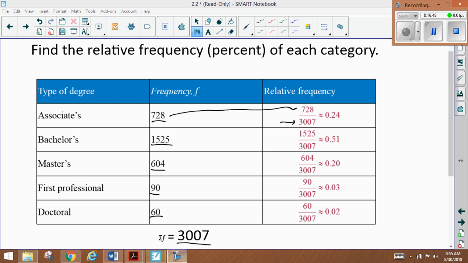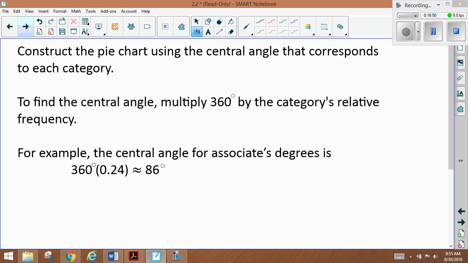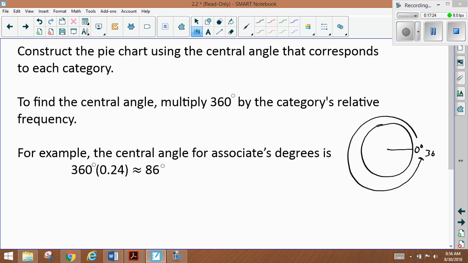So once we've found all of these percentages, we're going to have to figure out how much of 360 each category is, or what percentage of 360 that is. Because remember, you may not recall, and that's okay, if I start on a circle at 0 degrees and I go all the way around, I end at 360 degrees.